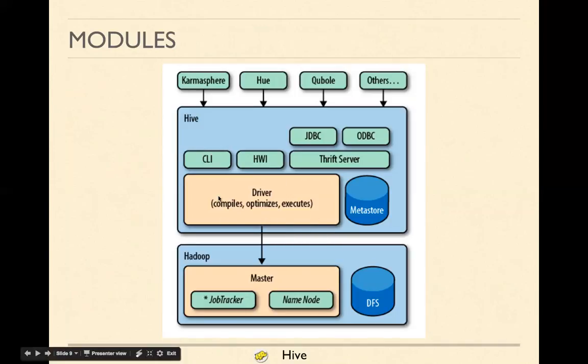In this process, the driver consults the metastore. The rest of these are the callers of Hive: the command line interface, the Hive web interface, or the thrift server. Using these, we can make calls to the driver.